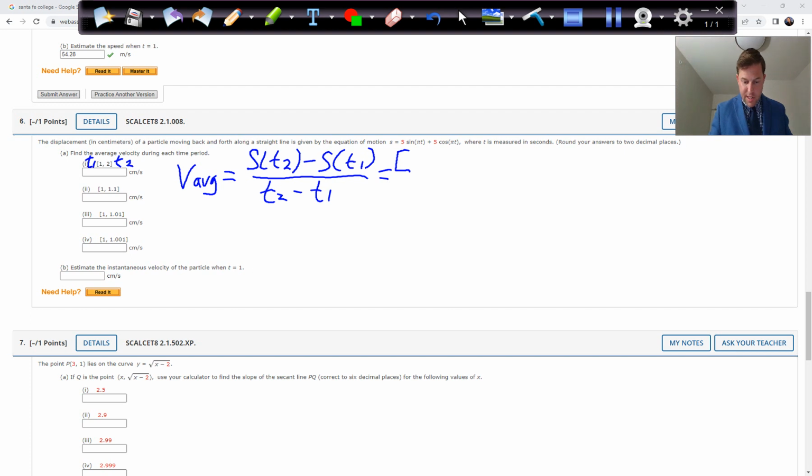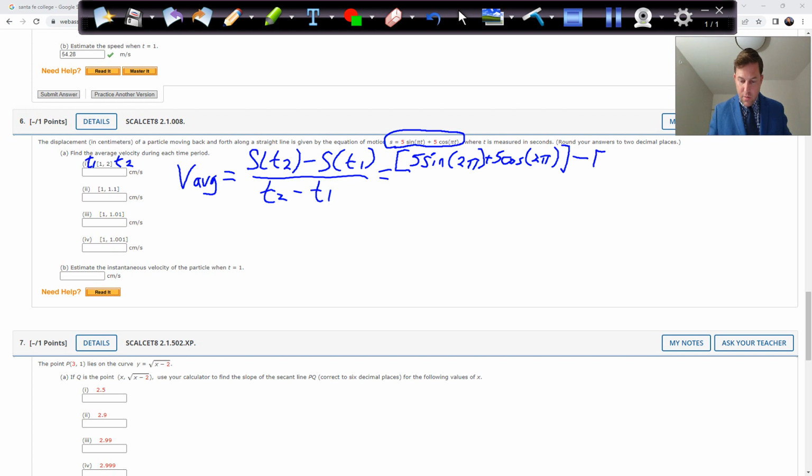So everywhere I see a t in this s equation, I'm going to change it to a 2. So we get 5 times the sine of pi times 2, which is the same as 2 pi, plus 5 cosine of pi times 2, which is 2 pi. That's all for time equal to 2.